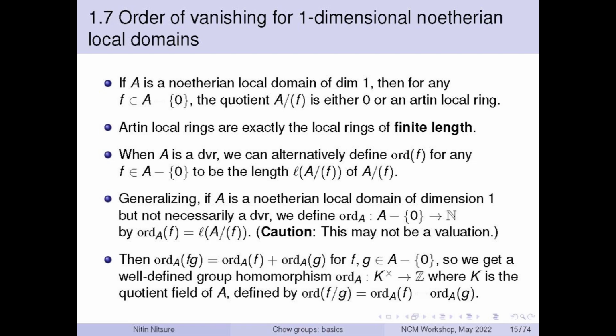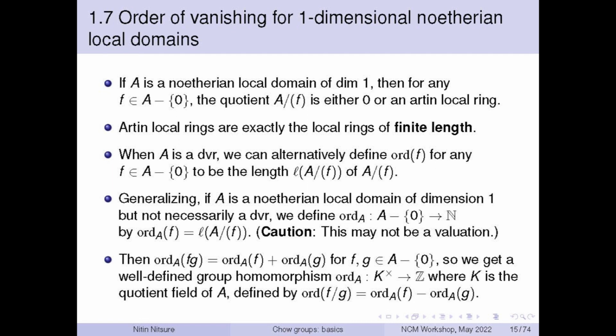We have used the fact that it's a domain in saying that whenever I go modulo something f which is not 0, the quotient is of finite length. If I take, say, k[x,y] modulo xy, and I go modulo x, which is non-zero, then I get the polynomial ring in y, and that's not of finite length.